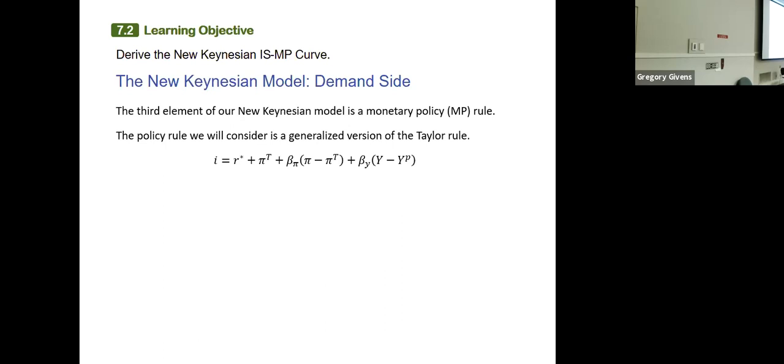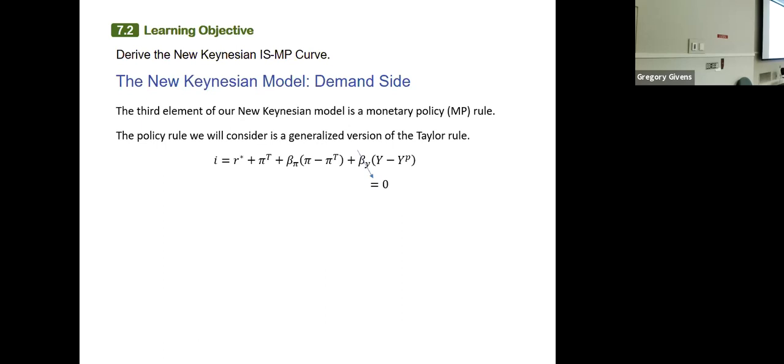that rule to allow for different size coefficients on the inflation and output gap. To make the arithmetic as easy as possible, I'm going to assume that beta y is actually 0. So the central bank in our model is really only directly responding to changes in inflation from target. Don't be concerned about this. You can set beta y equal to some positive number. It's not going to change the qualitative characteristics of our model in any way.